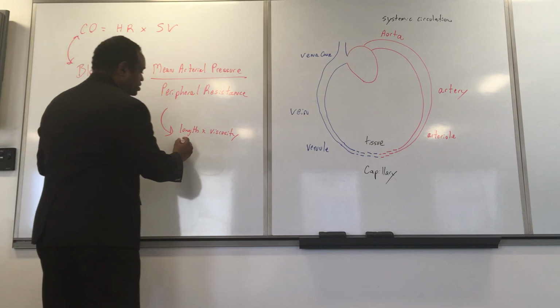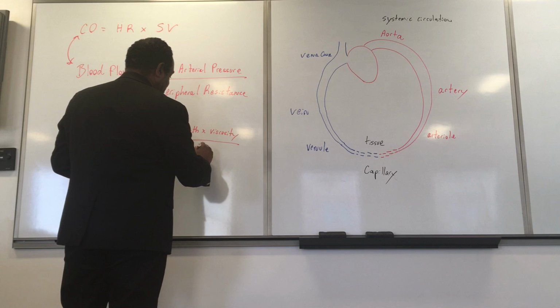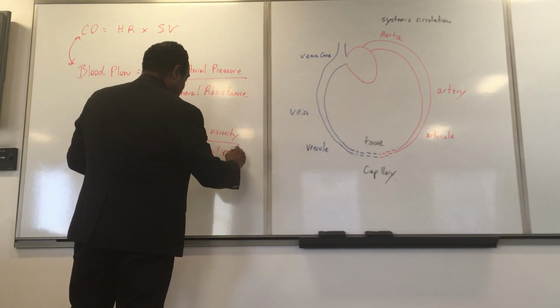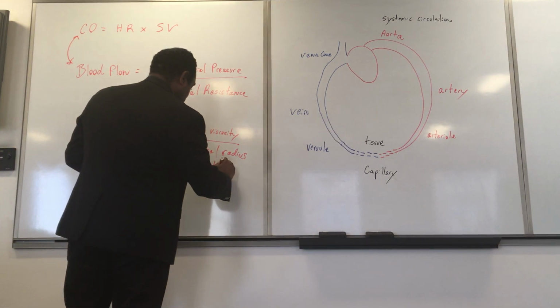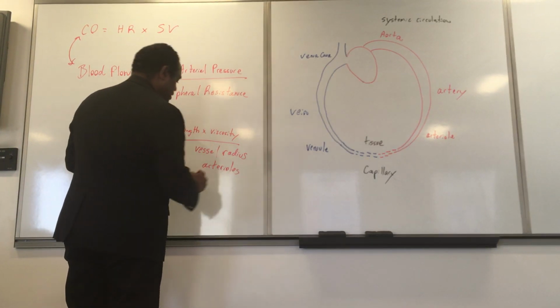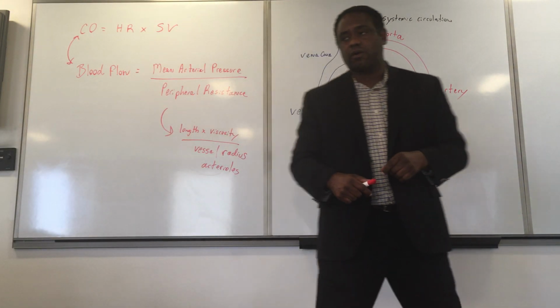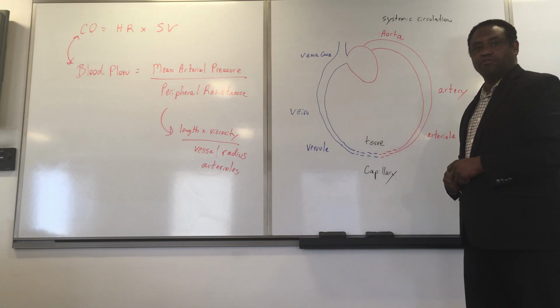So what we're really focusing on is the other factor, which is the vessel radius. What specific vessel? Arterioles. Why is the arteriole so special? Like I mentioned before, its walls are basically just smooth muscle.